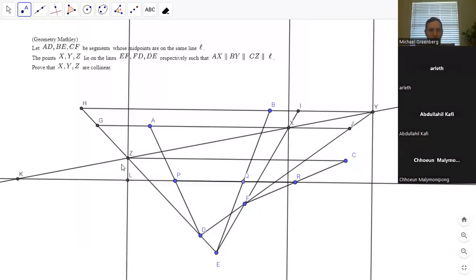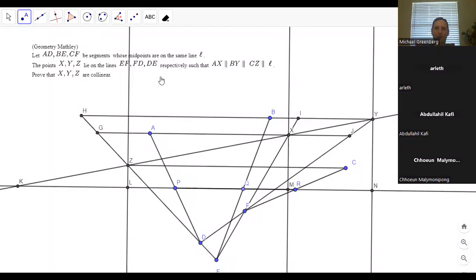If we could show that like ZL over LK is XM over MK is YN over NK. Depends how we define K though, because we don't know that these are linear. So actually we could get rid of point K.